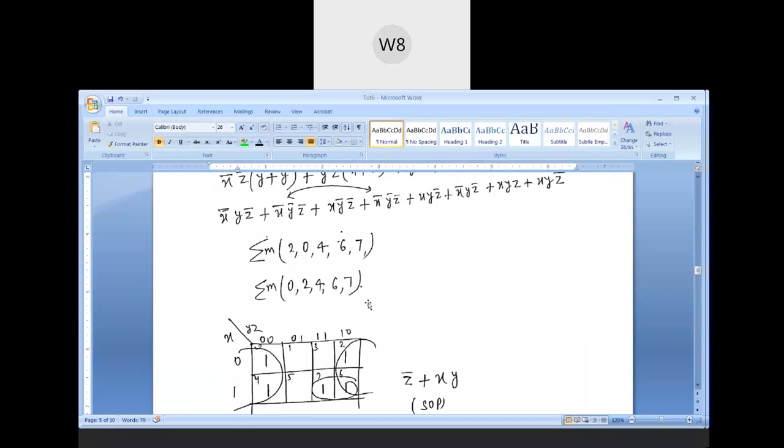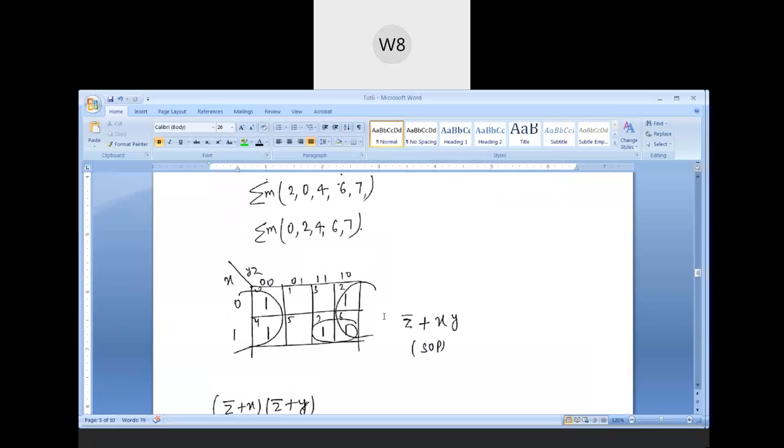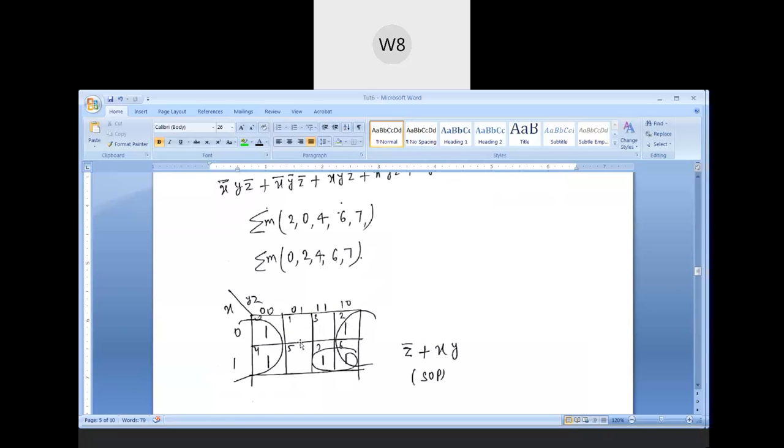Once we know it as a sum of min terms, we can take the help of the Karnaugh map to find out the simplified version of the expression, which in this case will turn out to be z bar plus x into y. Here we can have two groups, one group of 4 variables and the second group consisting of only 2 variables.